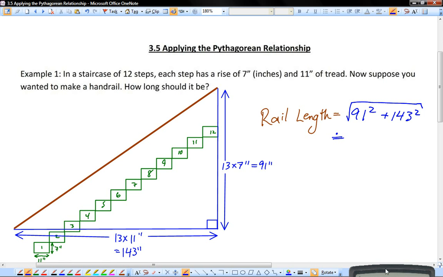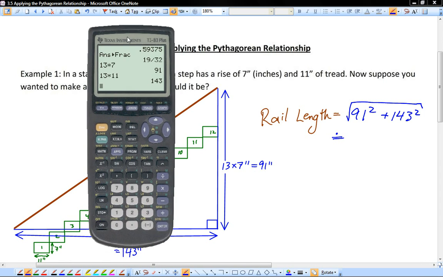And I'm going to round this off to the nearest 1/10 of an inch. So it is the square root of 91 squared plus 143 squared, and that's equal to 169.5 inches.